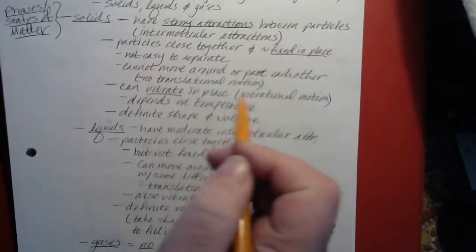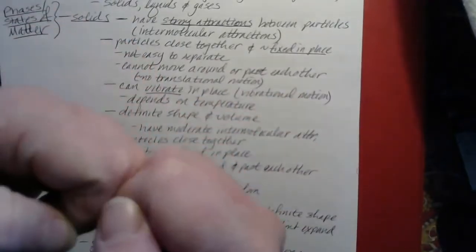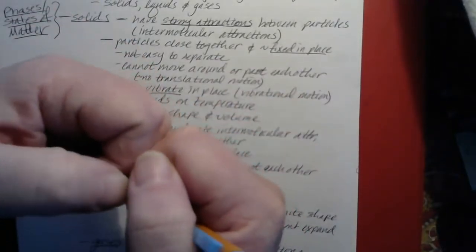Moving around and past each other from one place to another is known as translational motion. You don't have that in solids. But they can vibrate in place. So even though the particles in a solid are strongly attracted to one another, they are actually vibrating in place. We don't notice this.